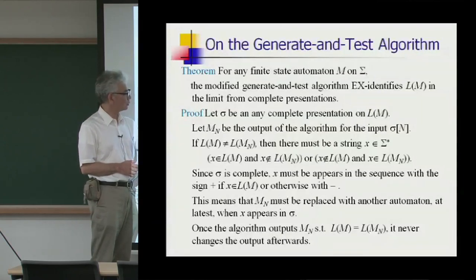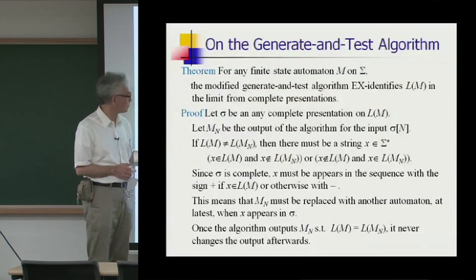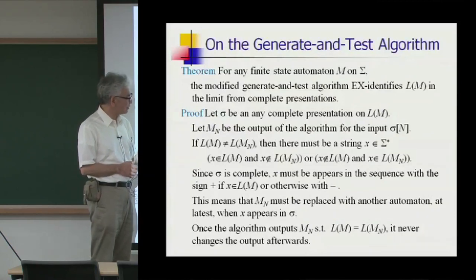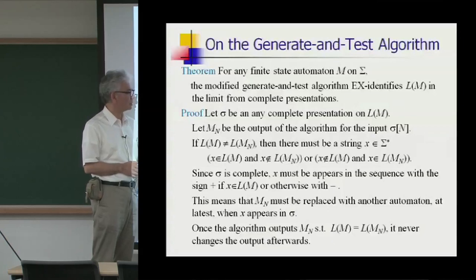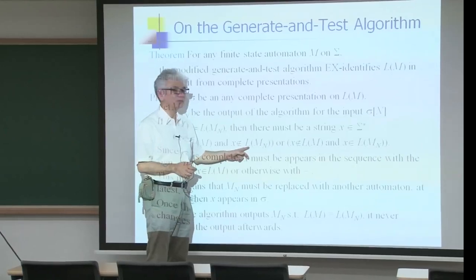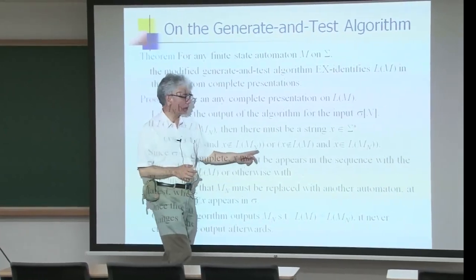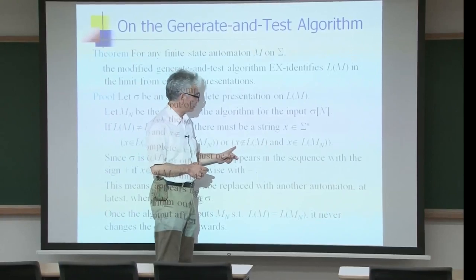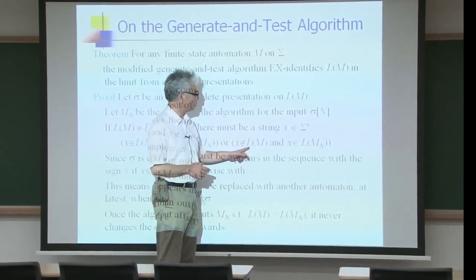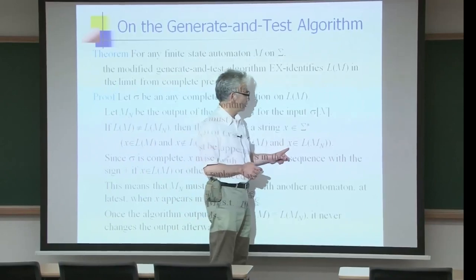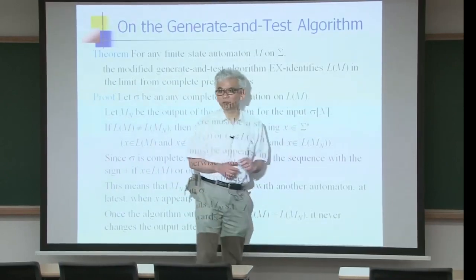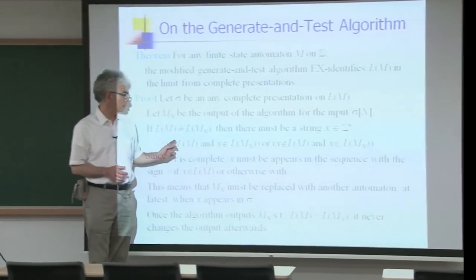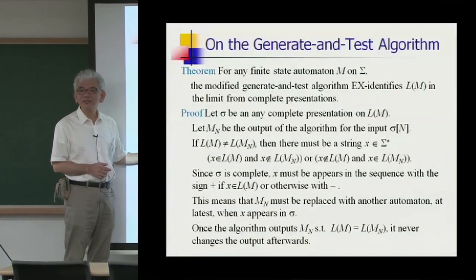If these two are different from each other, this means that from the definition in mathematics, there is a data X in L of M which does not belong to L of Mn, or there is an X which does not belong to L of M and X belongs to L of Mn. This is a definition from set theory.